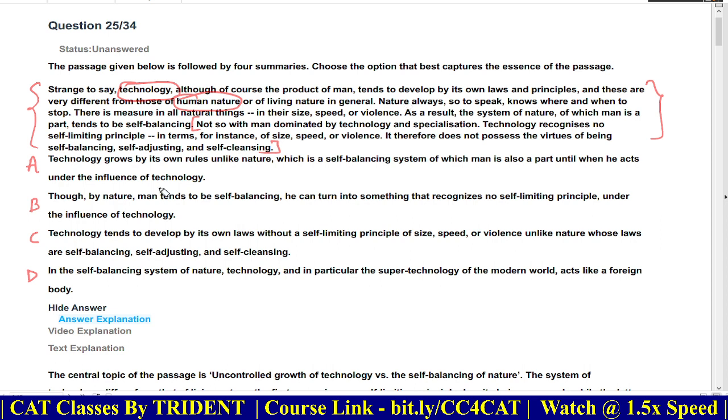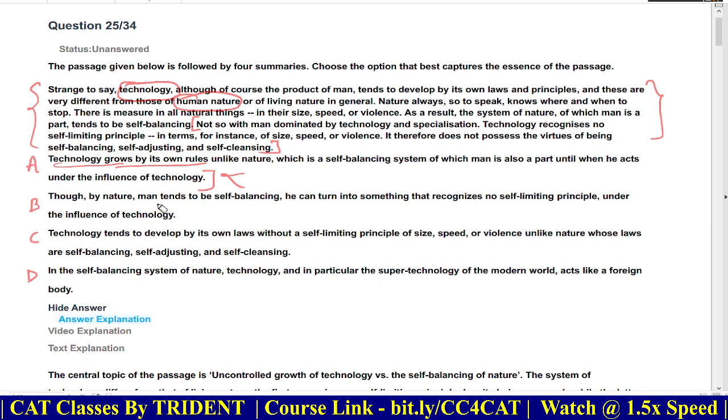So let's read the first option. Technology grows by its own rules, unlike nature, which is a self-balancing system of which man is also a part, until when he acts under the influence of technology. Now this is totally distorting the idea. Technology grows by its own rules. No, I don't think that anything of that sort has been mentioned.